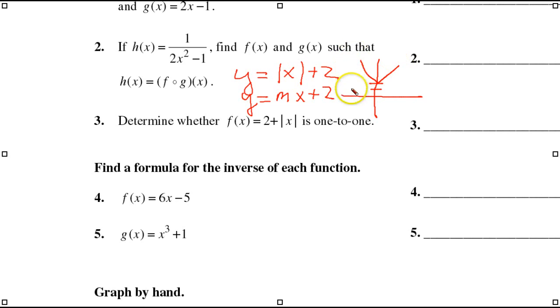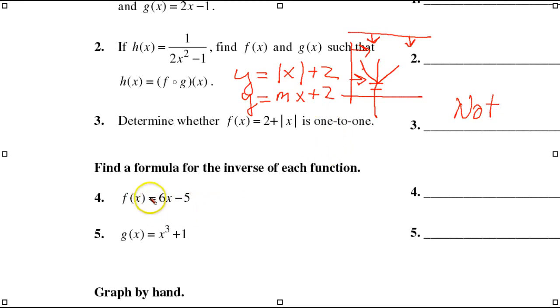So where this would be a function and pass the vertical line test, does it pass the horizontal line test? And the answer is no, because they intersect in 2 places. So this is not one-to-one.